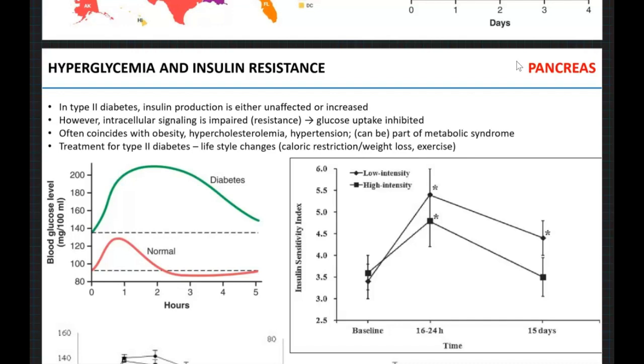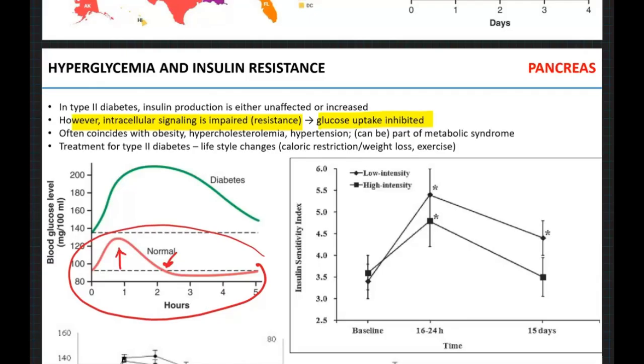So, if receptors are resistant, glucose uptake is inhibited, which means, look at this, in people without diabetes, you give them glucose, glucose levels in the blood spike, and then they go back to normal after 2 hours.